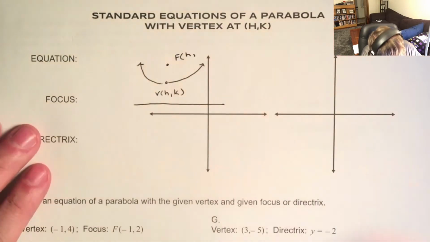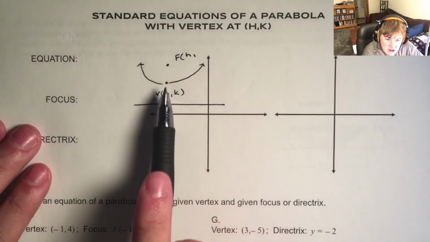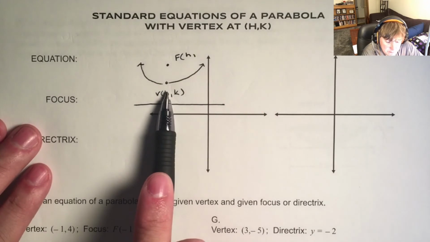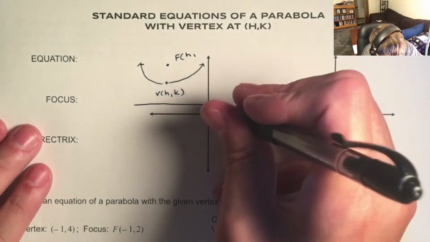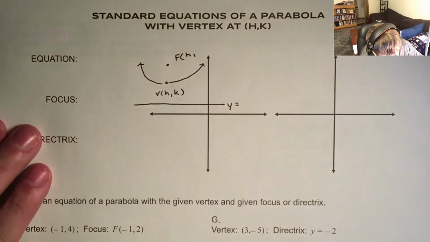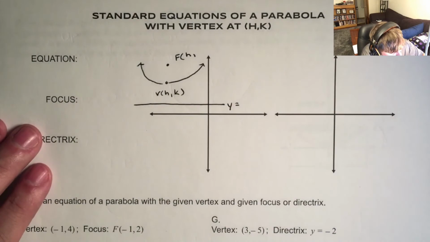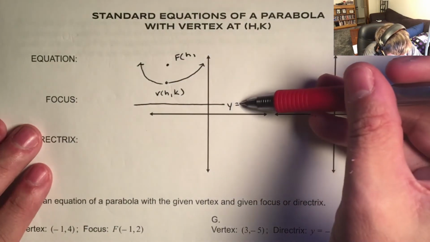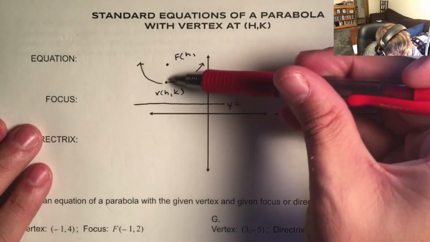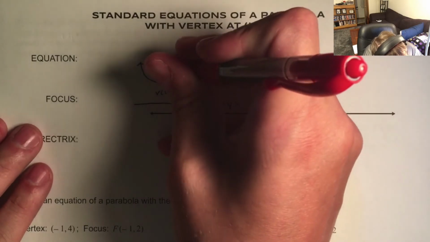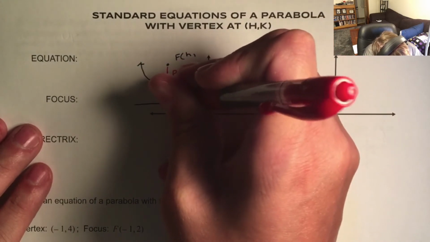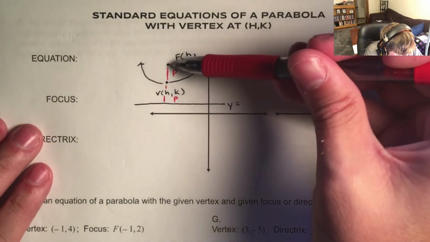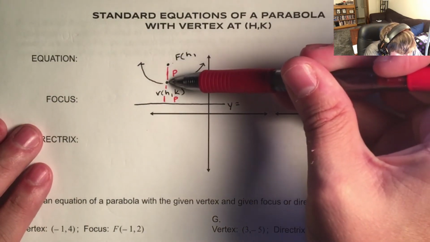Okay, the focus is going to have the same h value as the vertex does. Now we have to think about what the y values of the directrix and the focus are. You need to think about, again, what this little lowercase p value is: the distance from the focus to the vertex.